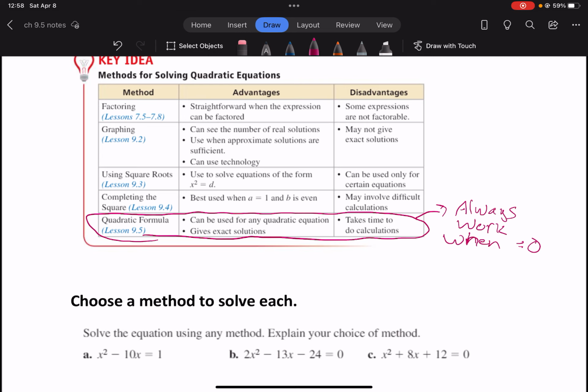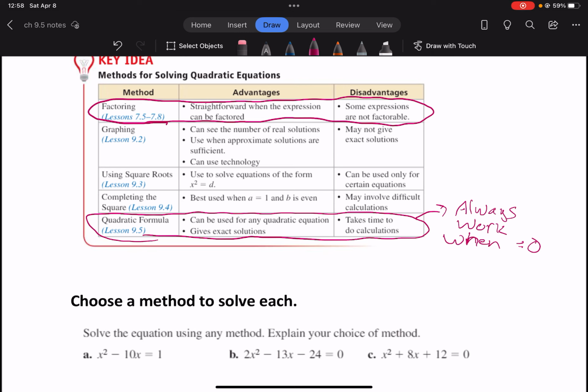So if it equals 0, you don't have to think about it, just go to quadratic formula, be done. But there are some that I will use more likely than others. Me personally, I think factoring is important. These are the two that I use anyway, so factoring and quadratic formula. Graphing is the one that, unless it's exact, and even then, it can look exact, but not really be exact. So just be aware of that one.